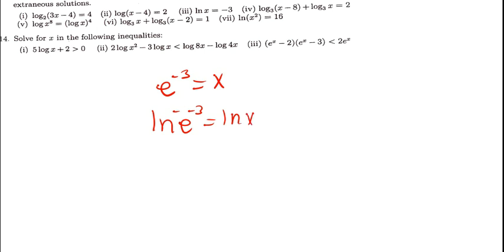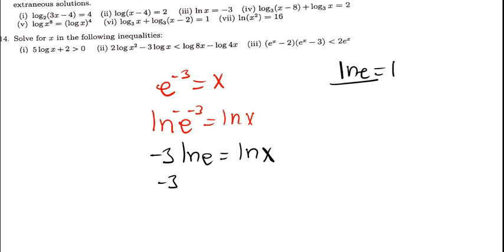My goal is to find the value of x, so the property of log allows me to shift the power to the front: negative 3 ln e is equal to ln x. But ln e is always 1, so negative 3 times 1 is equal to ln x. So negative 3 is equal to ln x.